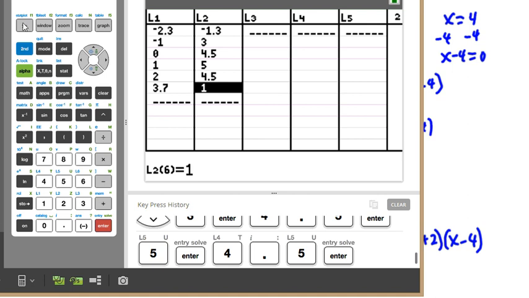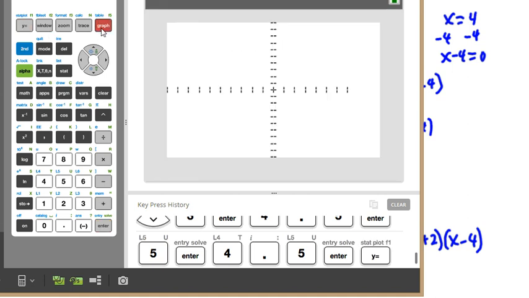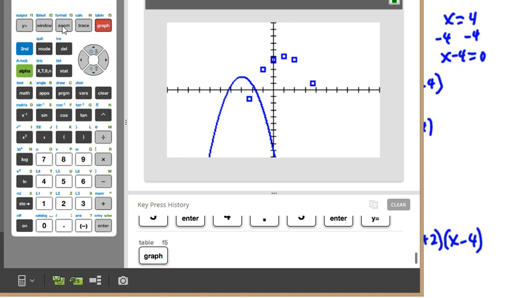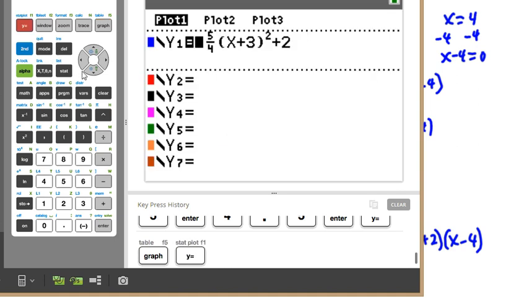The plotted points will look like this. We have that blue equation right there. Let's go ahead and enter the factored form that we have. I'm going to turn this one off.